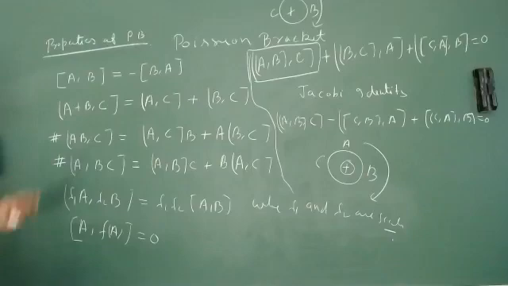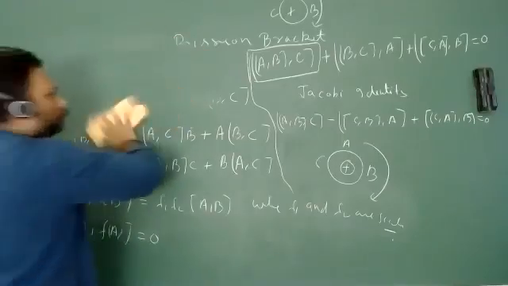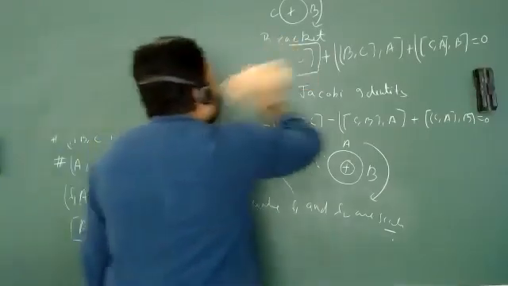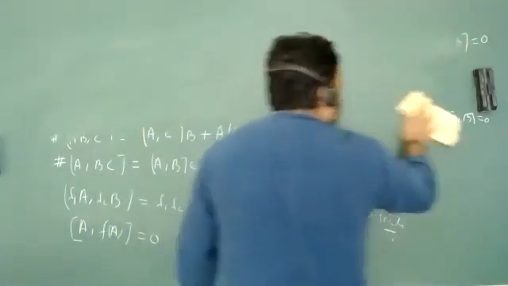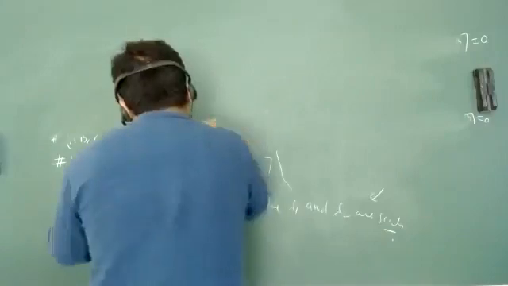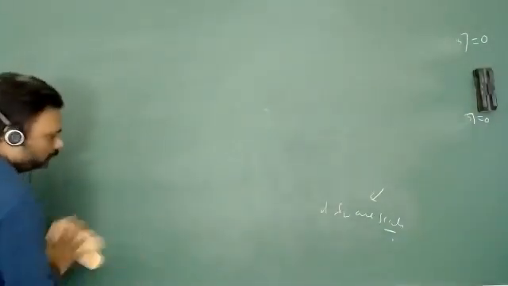So let's try to go for some basic information, then we will go for some basic problems of the Poisson bracket. Today we are just going to understand the definition, but tomorrow's class is the actual physics.